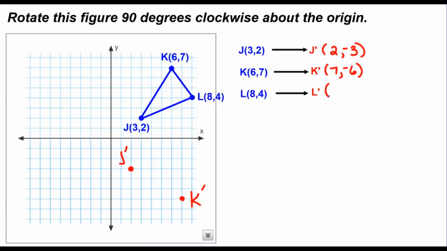And then L, I reverse the ordered pairs and make the new Y value opposite, 4, negative 8. 1, 2, 3, 4, 1, 2, 3, 4, 5, 6, 7, 8. That is my new L prime. And here is my triangle rotated 90 degrees clockwise around the origin.